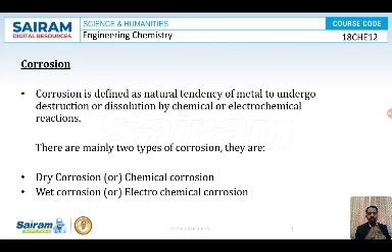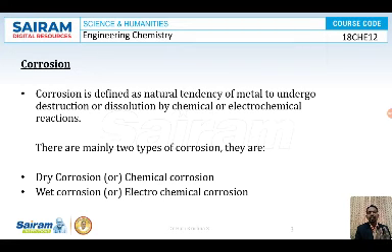High energy level is always an unstable state. So whenever metal comes in contact with oxygen, moisture or any corrosive gases, the metal tries to come back to its original stable state. The process of metal coming back to its original stable state is called corrosion.